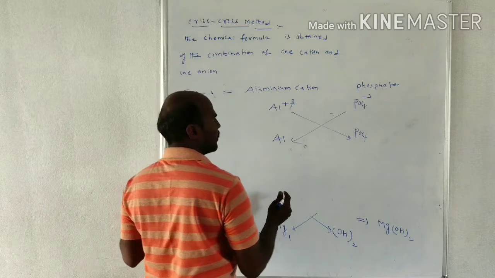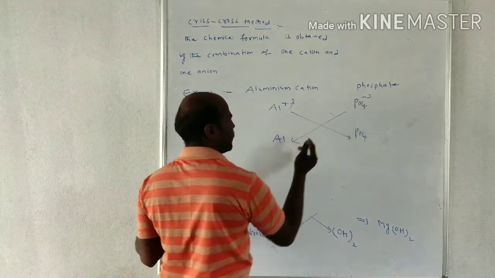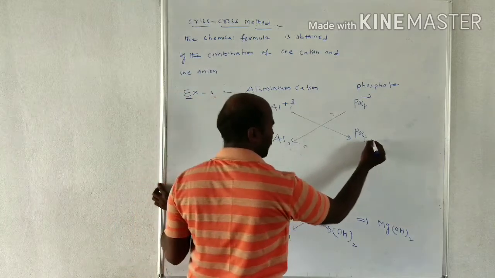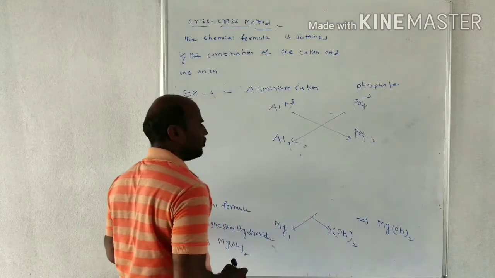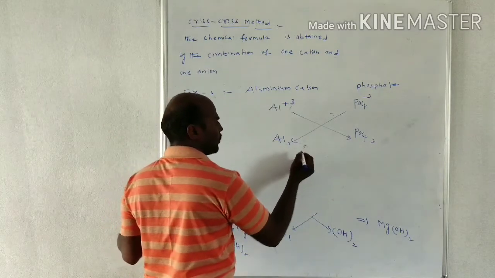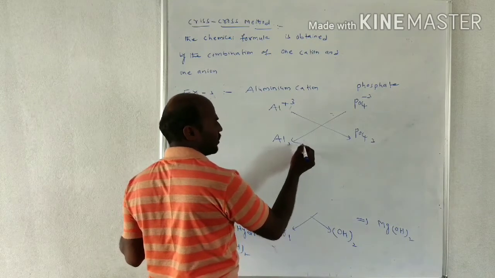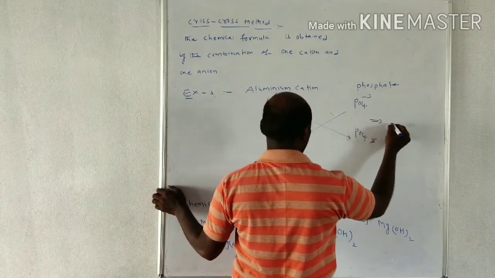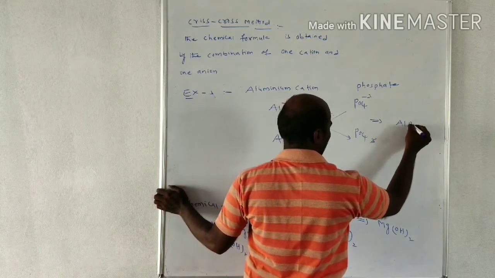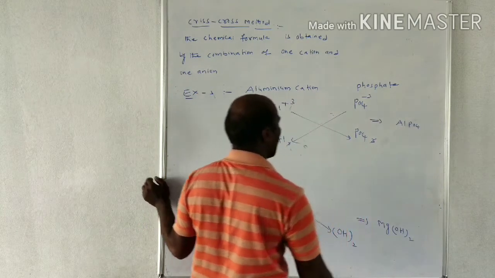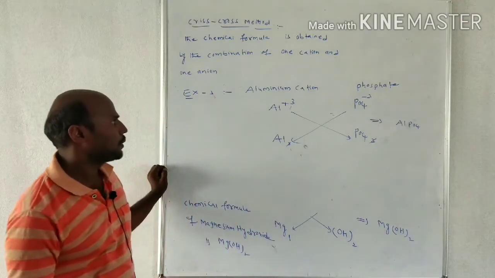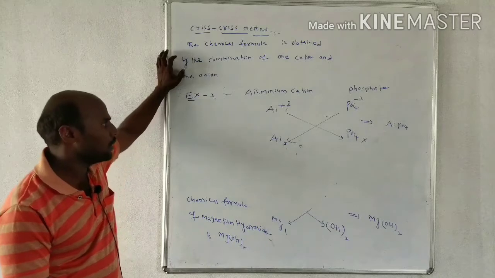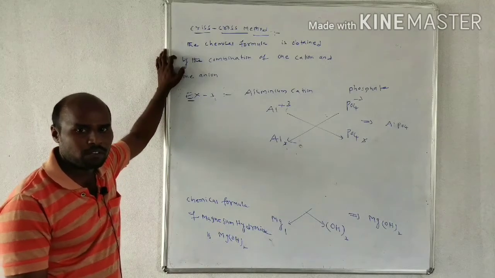Here the charge is 3, here the charge is 3. So we can cancel the charges. What is the formula? AlPO4, aluminium phosphate.